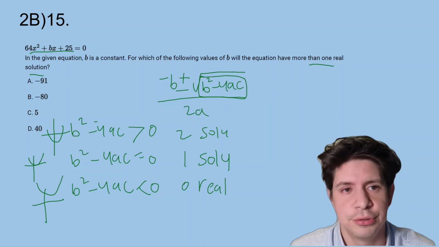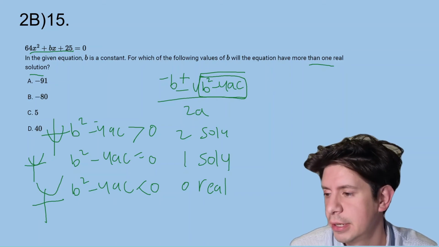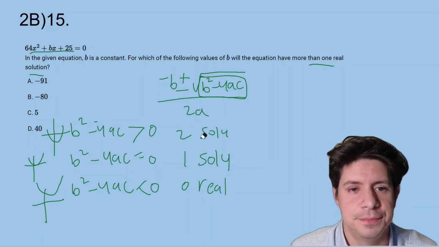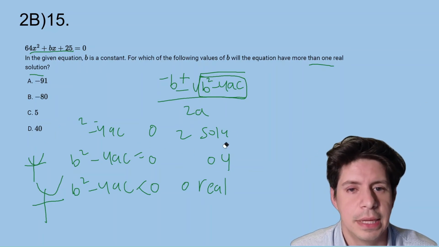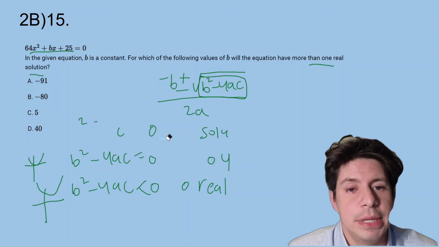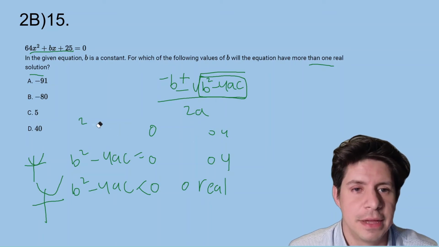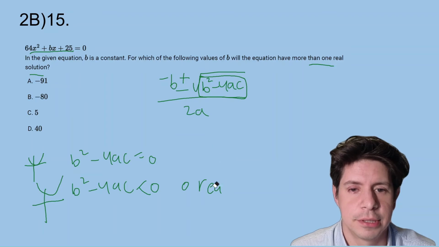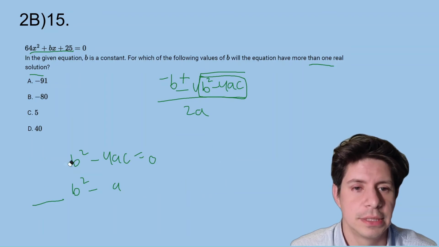All right, so remember here, we have 64 as the A value, and we have B as the B value and 25 as the C value. Okay, so with that, we can go from there. So we're going to plug in what we know and then solve for b squared, right? So we need the two solution value.